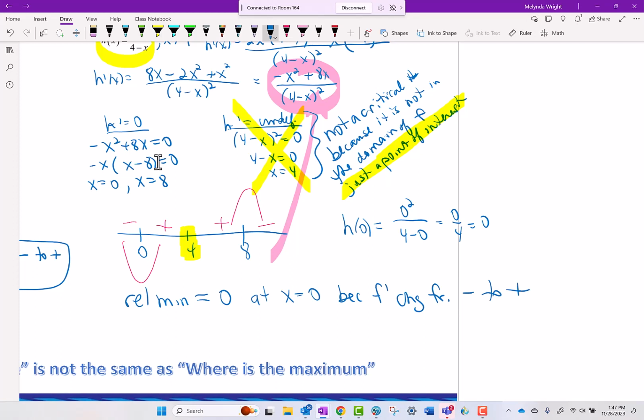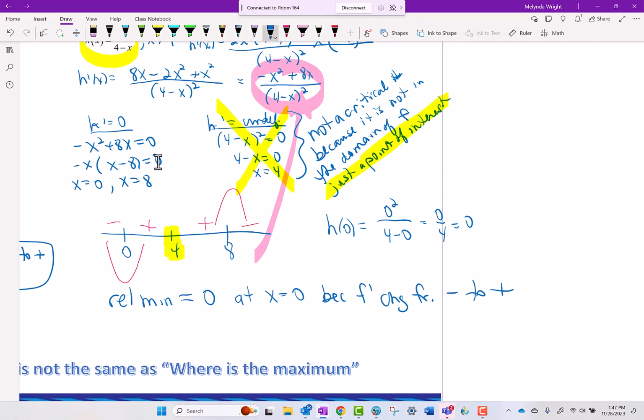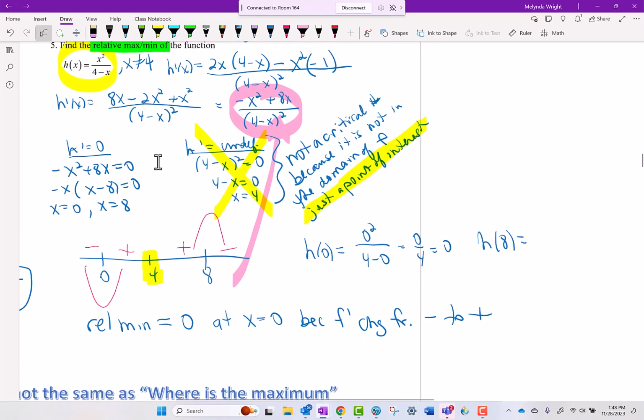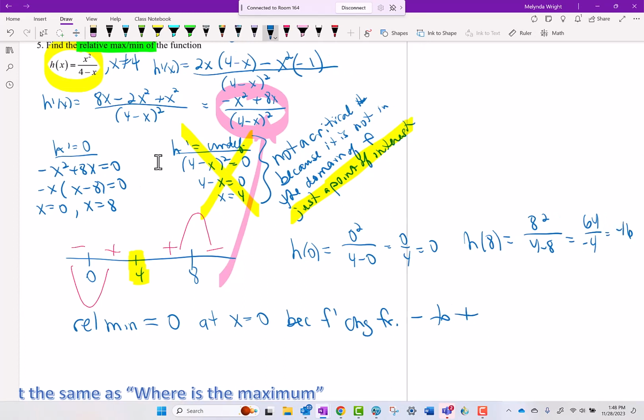Okay, now we need to find h of 8. I need to find the y value, h of 8. So let's go back up here. I've got 8 squared over 4 minus 8. So I've got 64 over -4, which is -16.